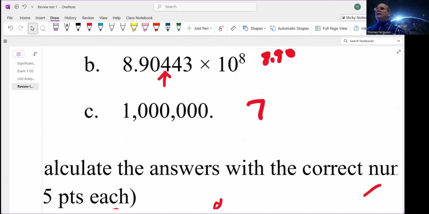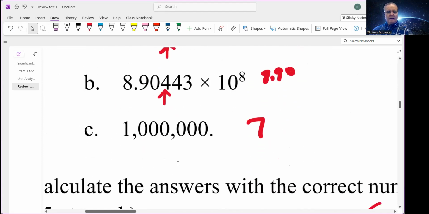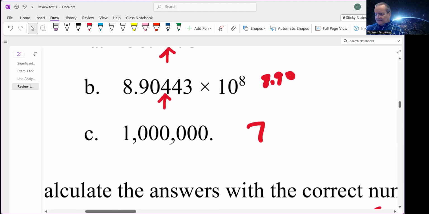Oh, yeah. Okay, so in this case, we're rounding this right now.